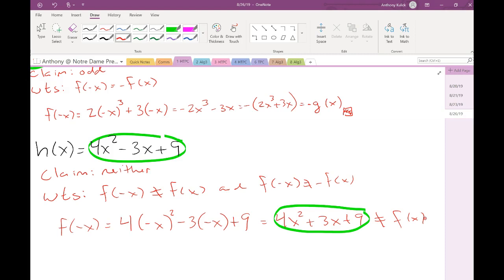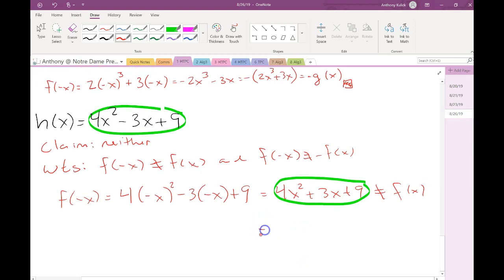That's all we needed. They just have to be different in some way, even if it's just a sign like that. Yes, Sam? Would negative 3 times negative x turn into plus 3x? Mm-hmm. Yeah, which is what I've written right here. Oh, I see. Yep, you're right. Okay?